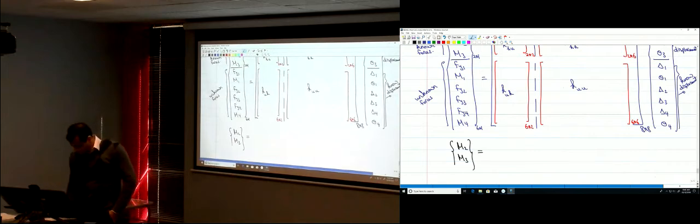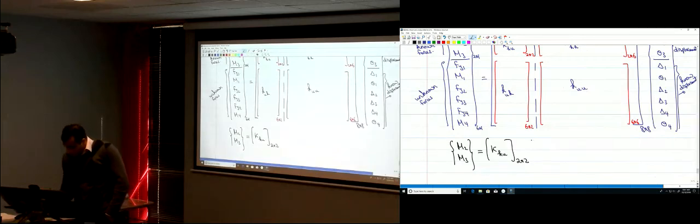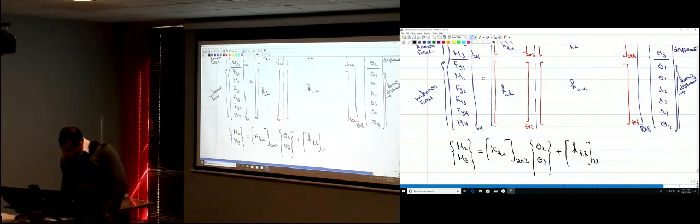It's equal to Ku, which is 2 by 2, multiplied by theta 2, theta 3, plus Kk, which is 2 by 6, multiplied by the known thetas, which is 6 by 1.